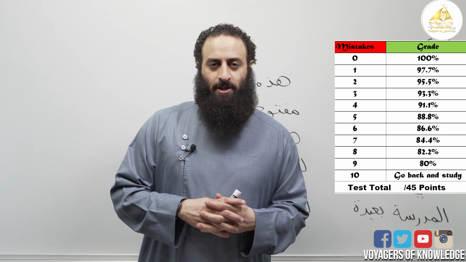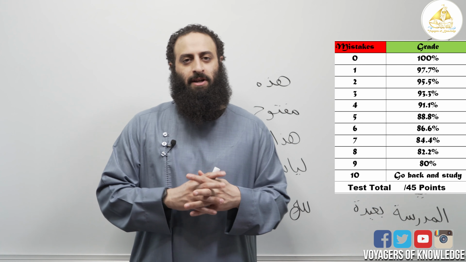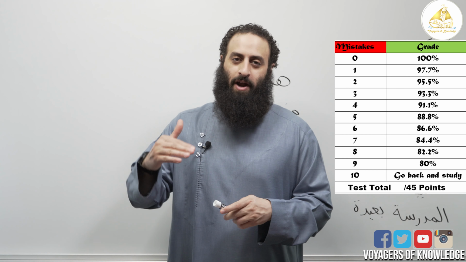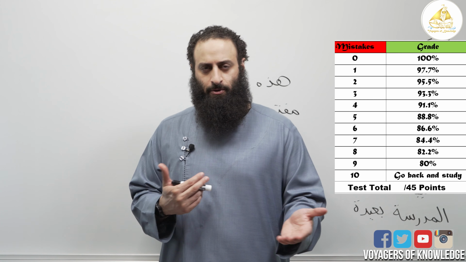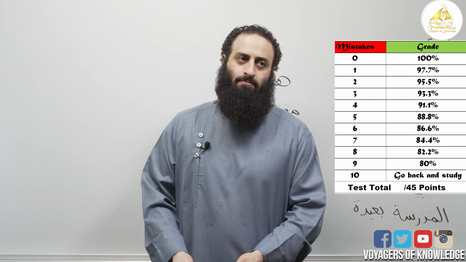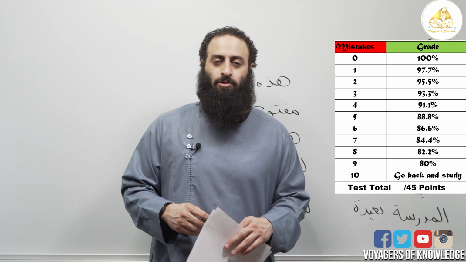Passing grade is 80%. We don't accept less than 80% for passing, but I'd like for you guys to aim for 85 and higher. So if you manage to get 38 out of 45, that's close enough, and that should be the range that we want you all to be at.